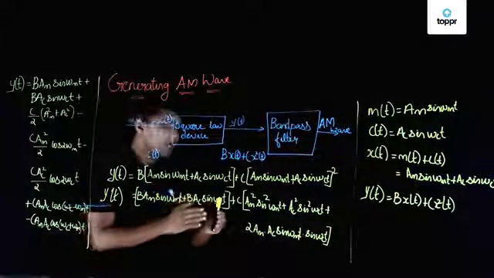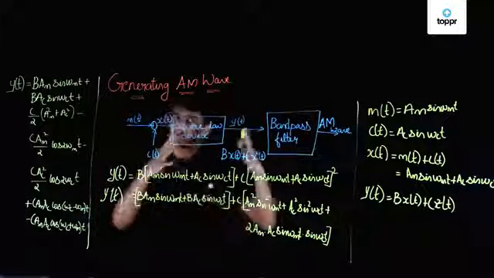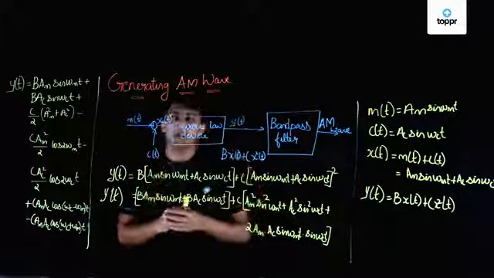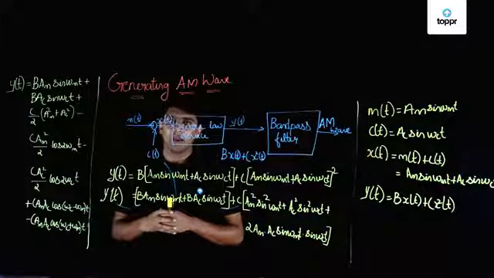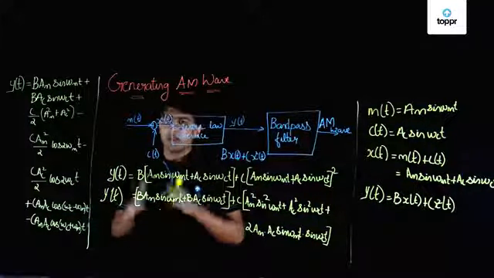That is the equation. This is how we will be able to generate an amplitude modulated wave. If we understand the derivation, it is very simple.